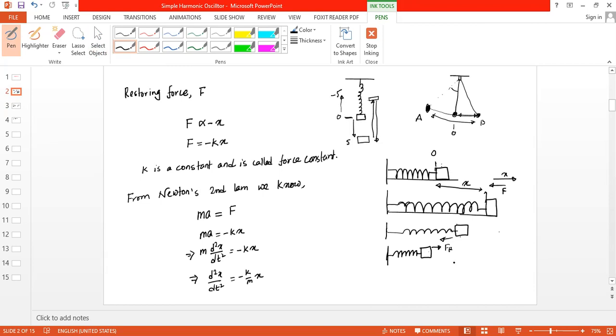Initially it was 5, sometime later it will be 0, and then it will go to -5, and then come back again to 0, right? So this is how the displacement varies. It is like a sinusoidal wave or sinusoidal motion. That is, the position varies as a sine or cos function like this.